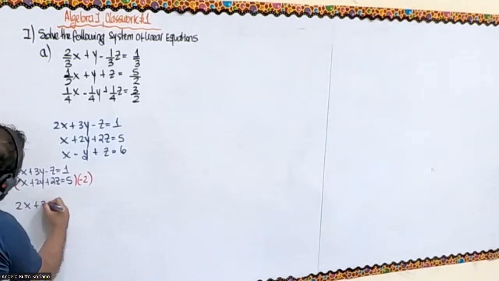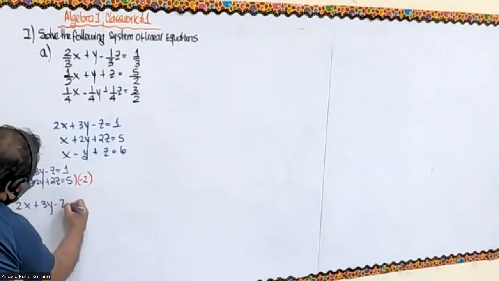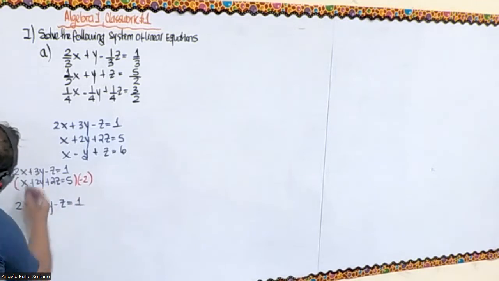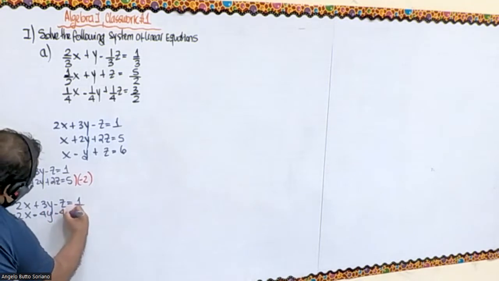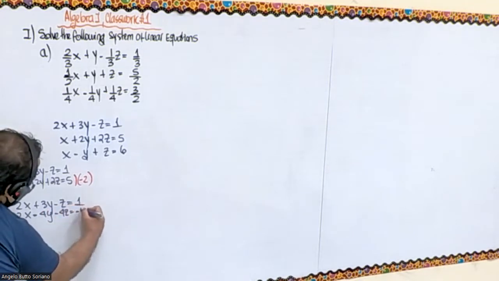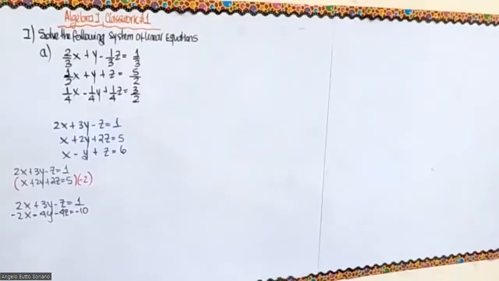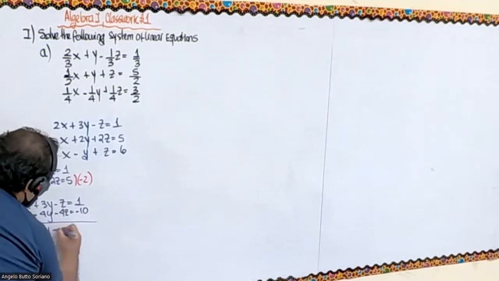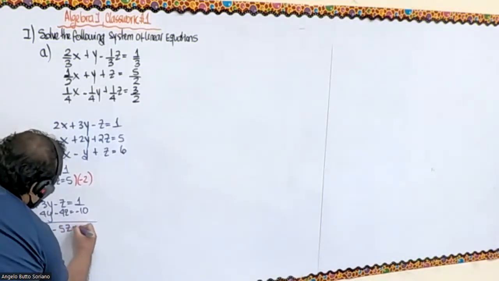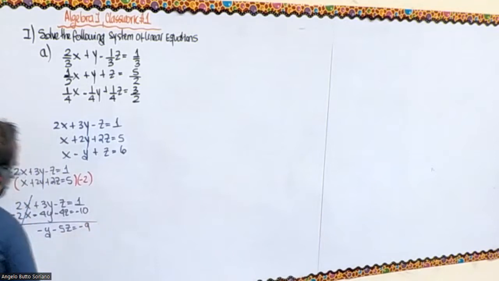2x plus 3y minus z equals 1 and negative 2x, negative 4y, negative 4z equals negative 10. As soon as you can see, we can cancel the letter x and we get negative y, negative 5z equals negative 9.